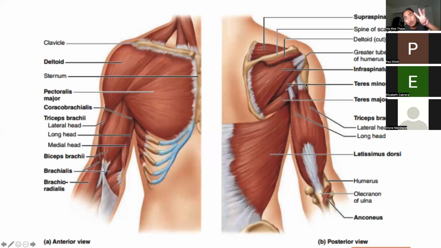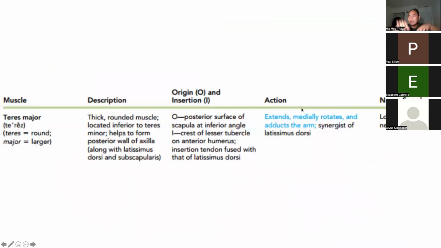And the number 3 head is called deep head of tricep. For us to see the deep head, we will have to remove it. And it is like underneath, somewhere around here, we have to remove it. The lateral head, we have to split them and pull it.